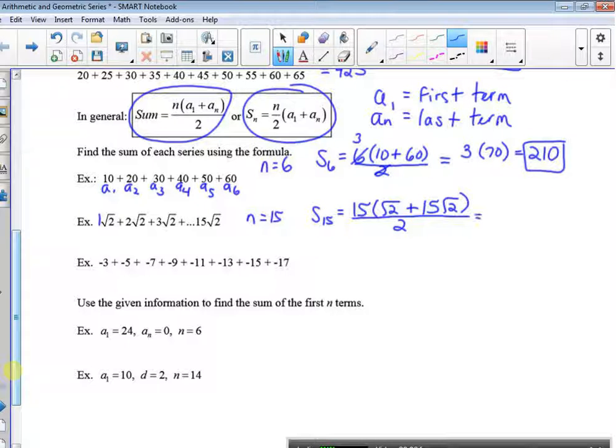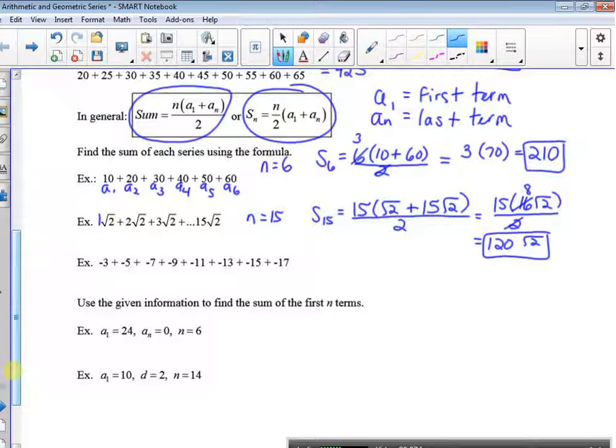So that would be 15 times 16 radical 2 divided by 2. 16 and 2 are 8. 15 times 8 is 120. So this is 120 radical 2, this sum. So it works pretty quickly, this formula.